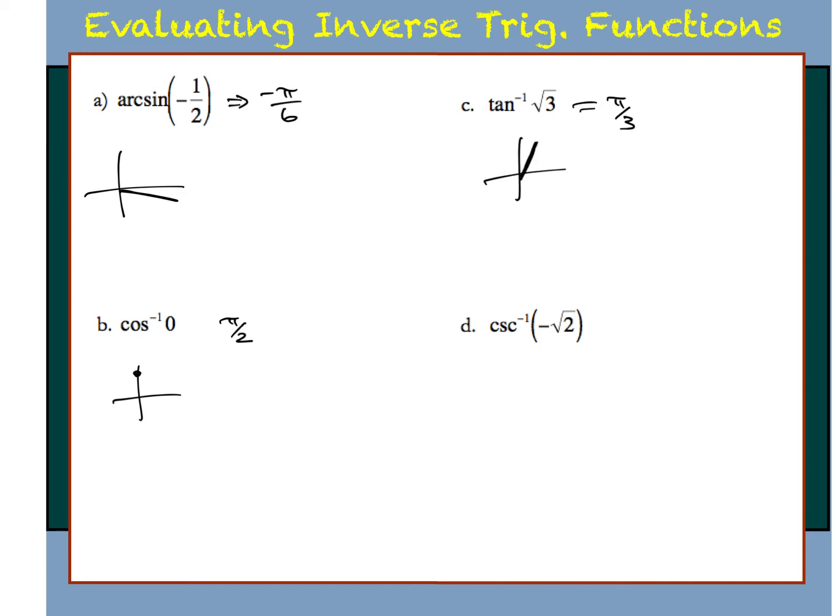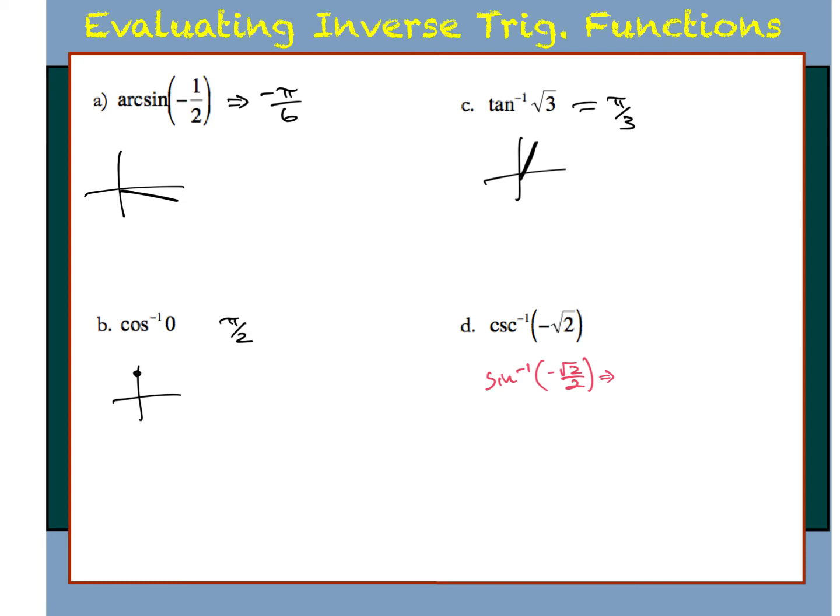All right. Let's look at this next one. Arc cosecant of negative square root 2. So when does cosecant give me negative square root 2? It's basically when arc sine of what? Negative square root 2 over 2. That's really what's happening.